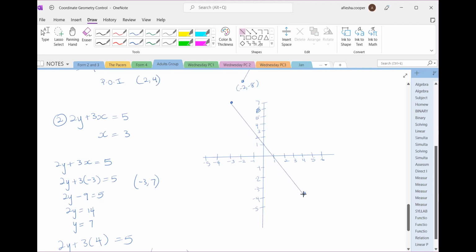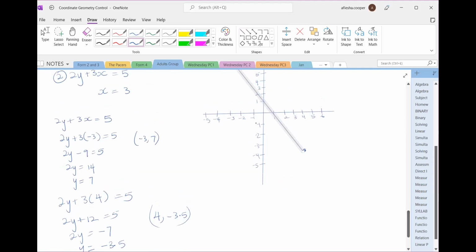So it looks like the y-intercept is 1 just from the graph. Let me see if it's actually that. We can get it by putting the equation in the line format. So 2y is equal to -3x plus 5, so y is equal to -3/2 x plus 5/2.